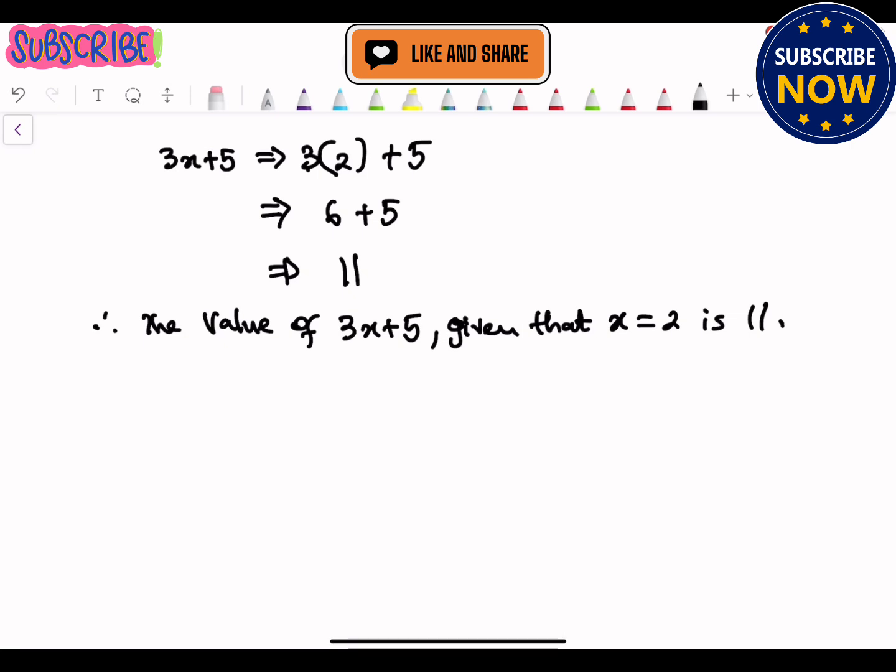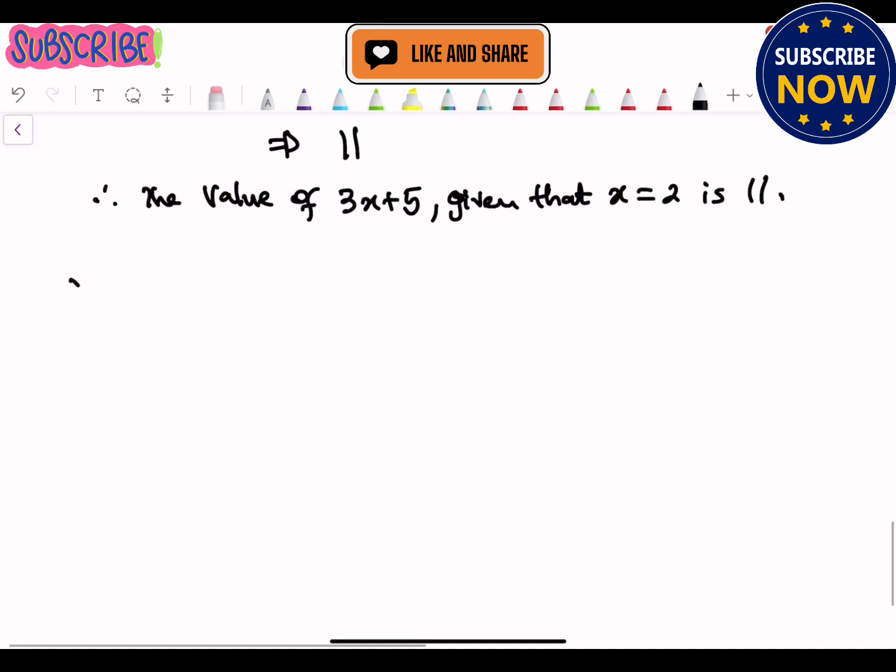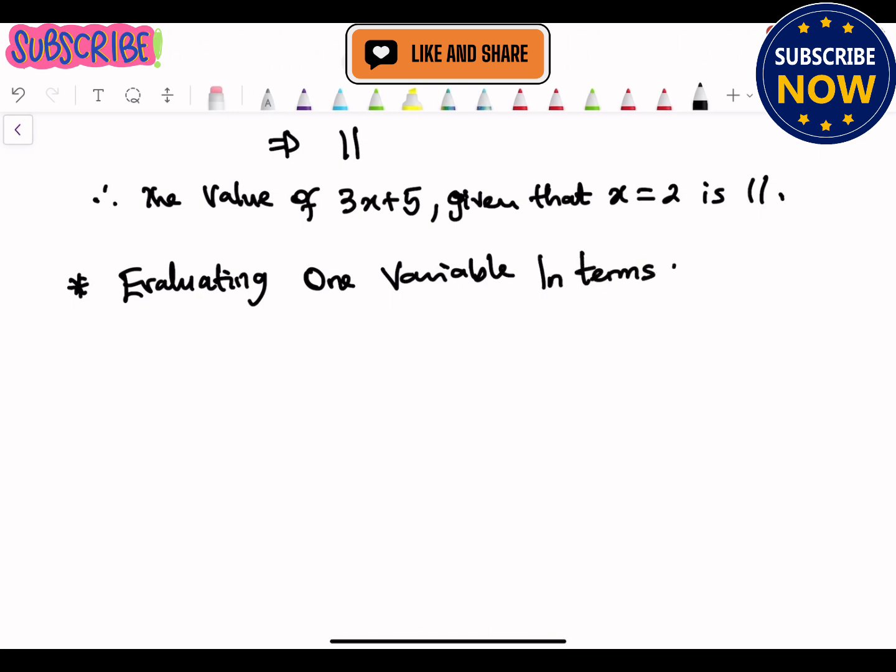Another thing we can have is they can ask us to write one variable in terms of the other. So the next thing is evaluating one variable in terms of the other.